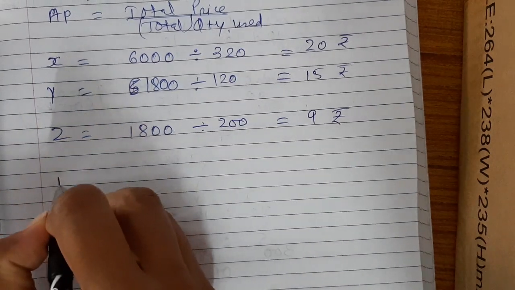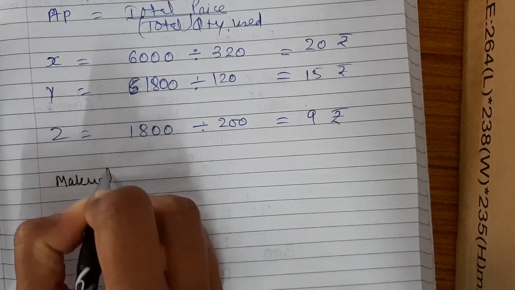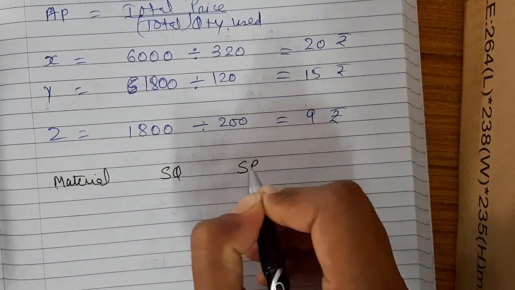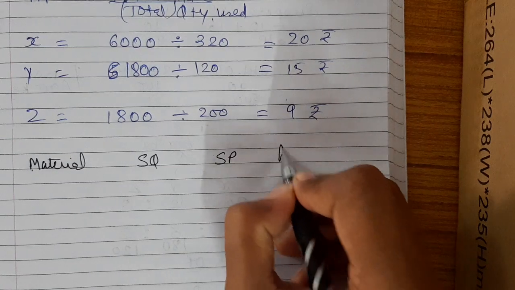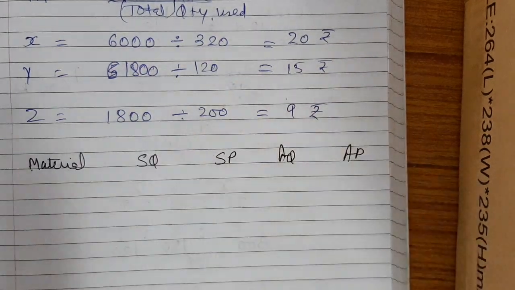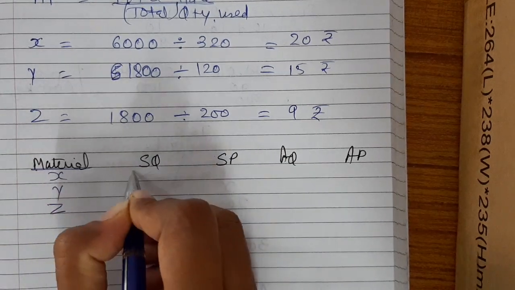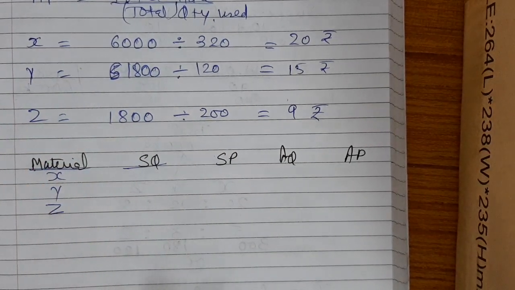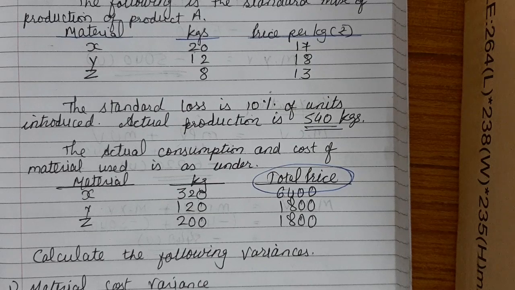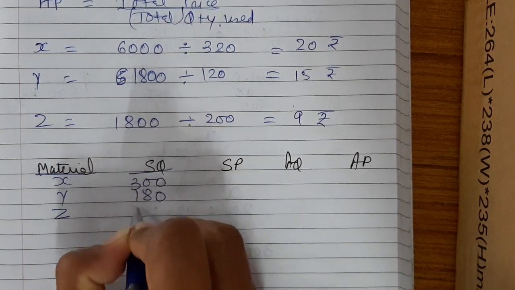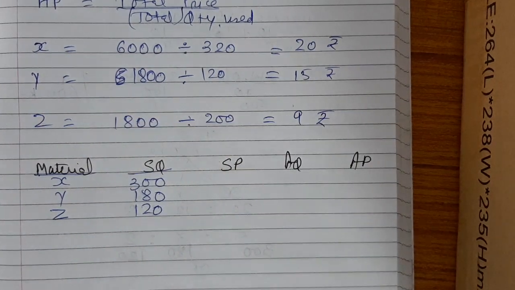Alright, so starting with material, SQ, SP, AQ and AP. So materials are X, Y and Z. Standard quantity that we have found out previously, 300, 180 and 120.